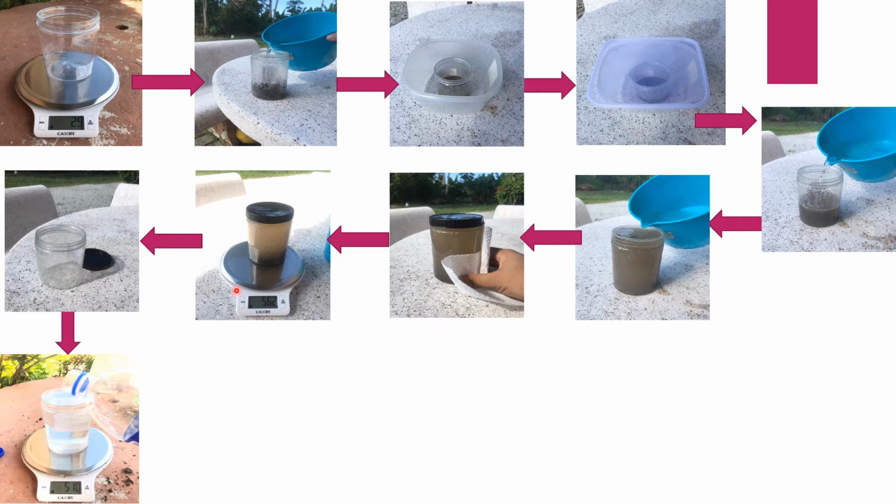After finishing with W3, we need to clean the container and dry it well. After that, we fill it with water until full, then weigh it and label it as W4. After that, repeat steps 1 to 9 for the next experiment.